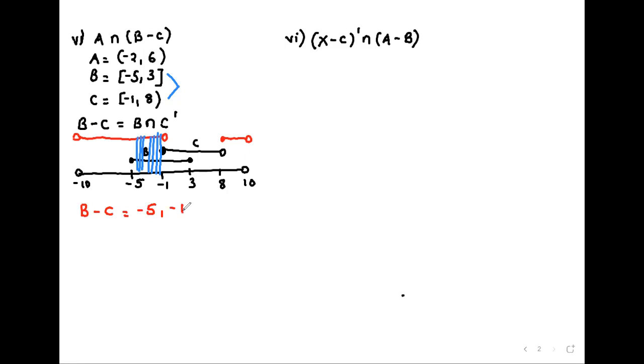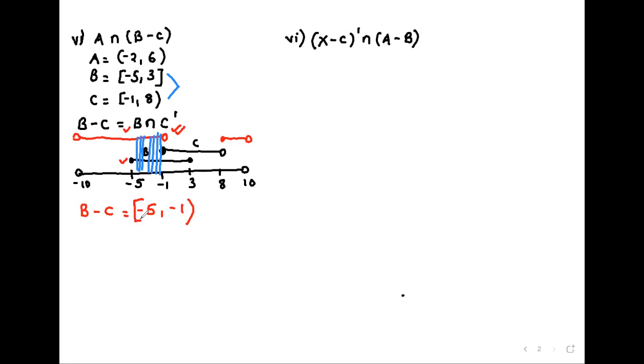In the red line up there, -1 is open, so we need to open. -5 is closed here, and the other line is also closed there, so we include it. The intersection must be in both.